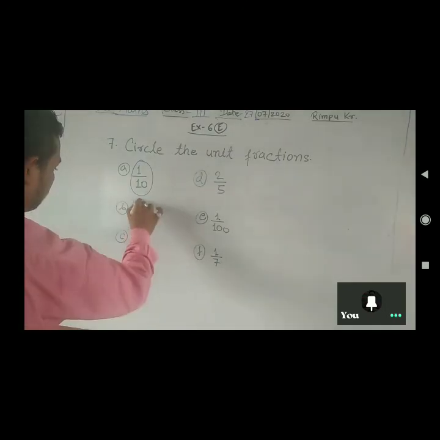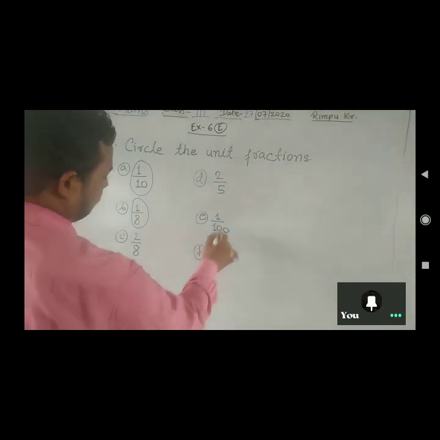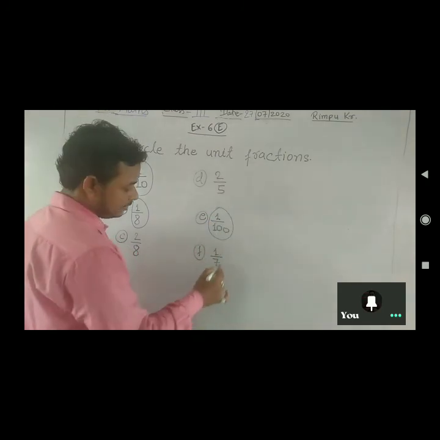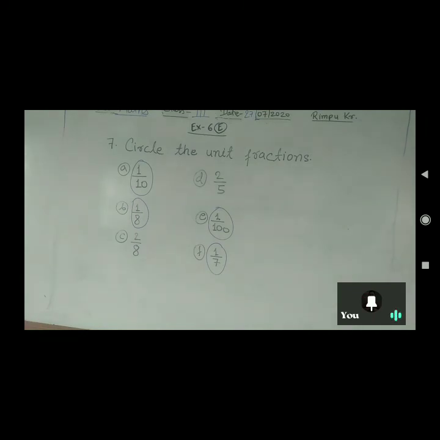You can see question number 7c, its numerator's value is 2, that means it is not 1, that means it is not a unit fraction. Question number d, its numerator is 2. Question number e, its numerator is 1, that means it is a unit fraction. Okay, it is also a unit fraction. See, guys, question numbers 7a, 7b, 7e and 7f have the numerator's value equal to 1.